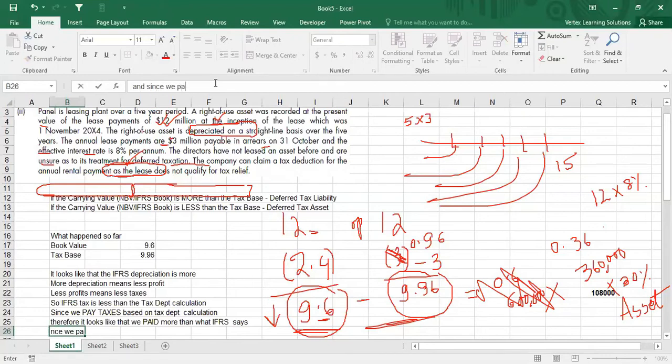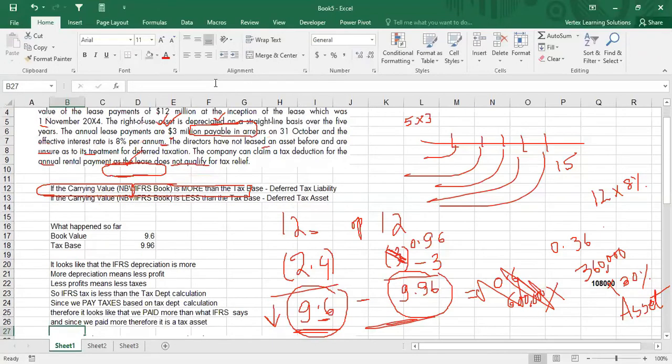And since we paid more, it is a tax asset. This is how the process goes in my mind. I mean, this is my way of seeing things.